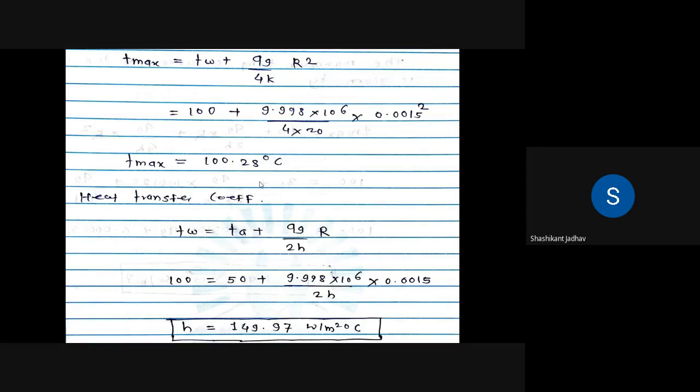The only unknown is H, the heat transfer coefficient. From this we calculate H, which is 149.97 watt per meter square degree Celsius. Do the calculation by yourself. Don't write the answer directly. First do the calculation yourself, and then write H is equal to what.